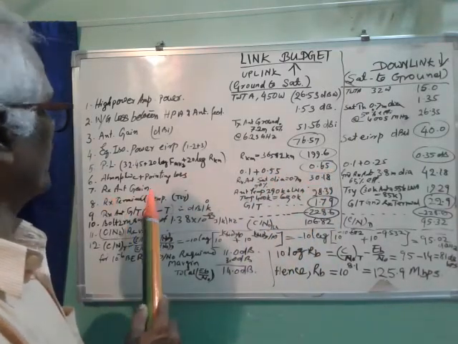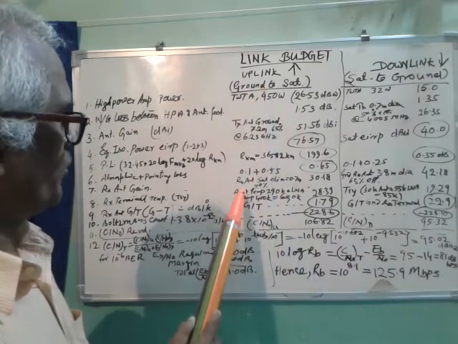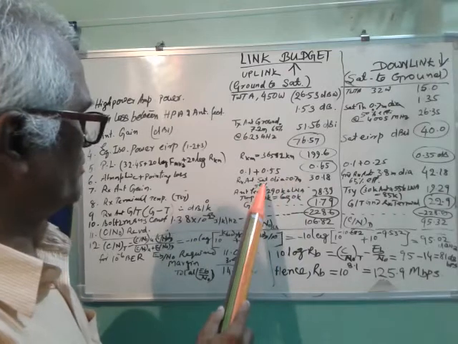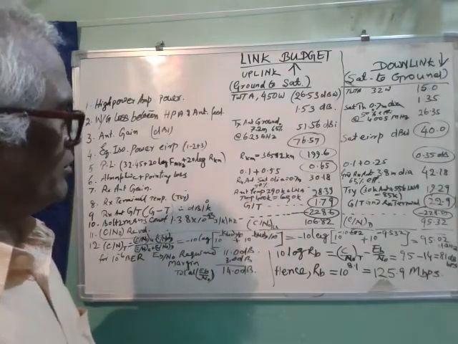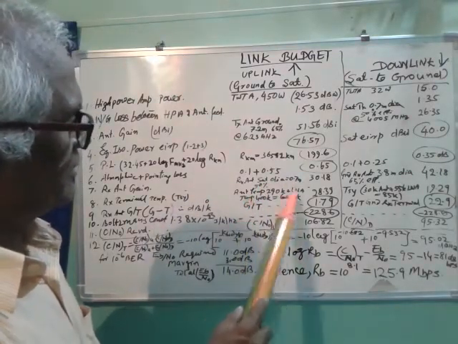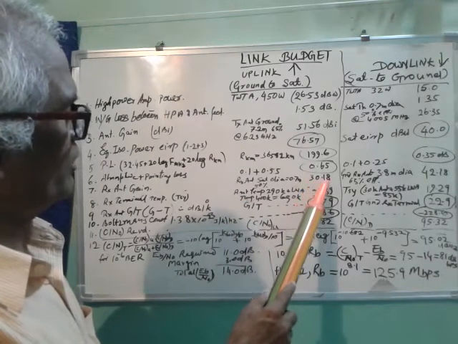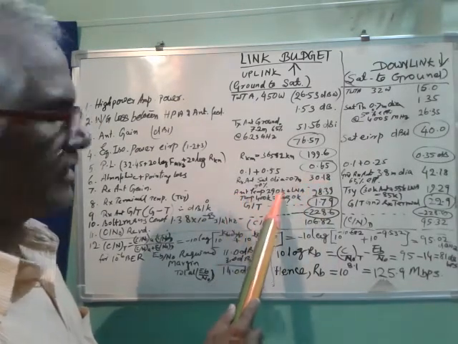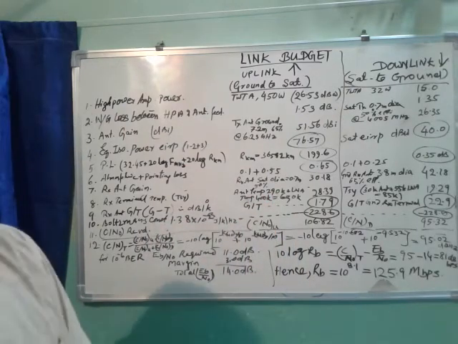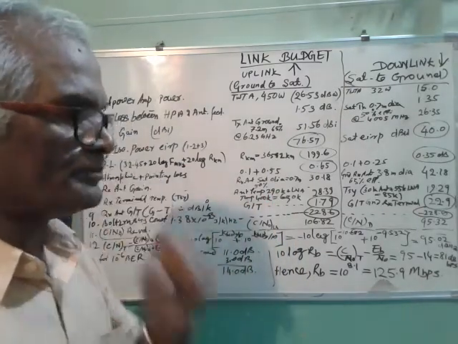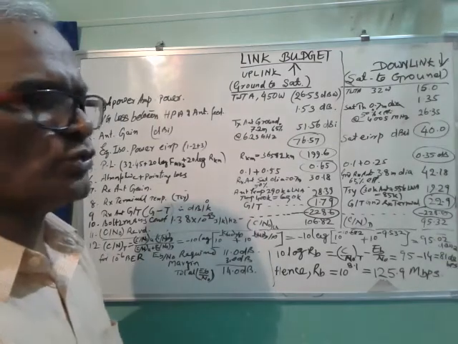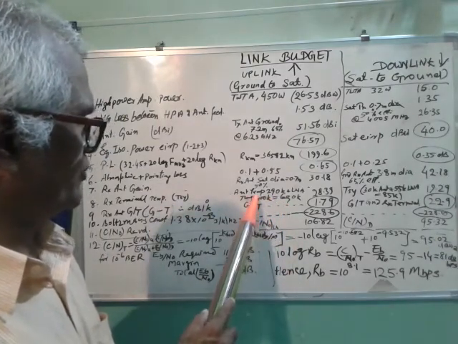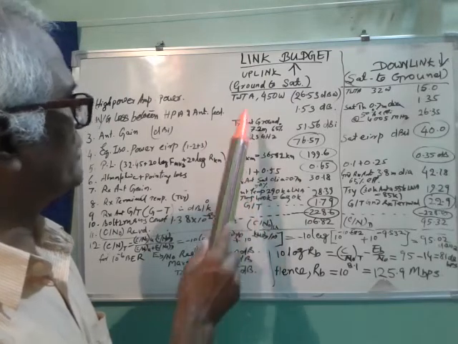Then receive antenna gain at the satellite, that is a 0.7 meter diameter satellite receive terminal, and that is 50% efficiency. And the gain will accordingly be 30.18. The antenna looking towards the ground station will see 290 degrees Kelvin, the antenna temperature, and 400 Kelvin is the LNA temperature.